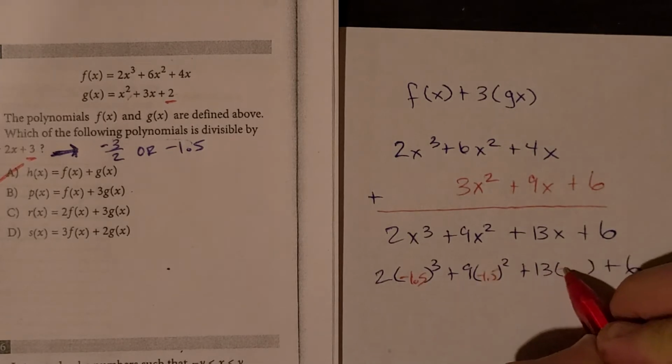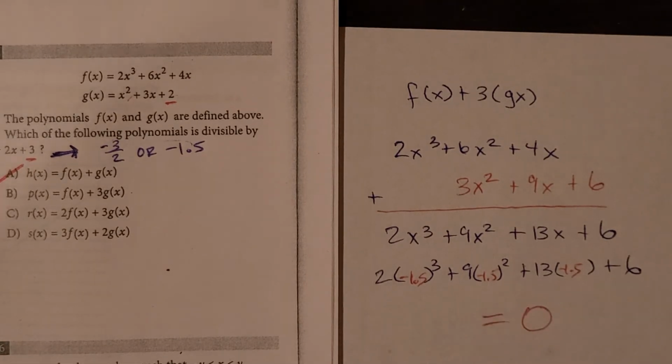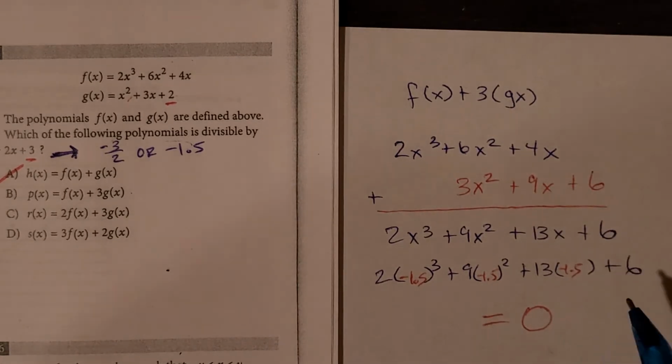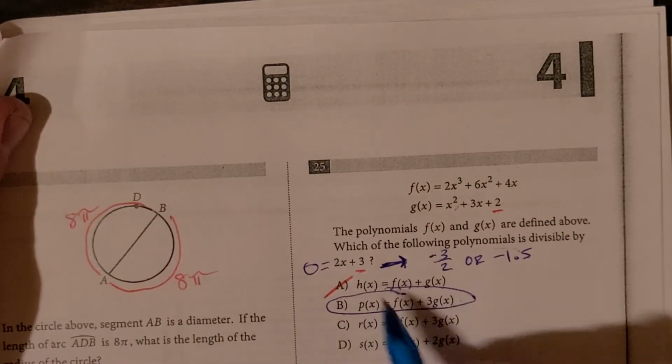Now this I would expect you to do in your calculator. Does this equal 0? If I get 0, then yes, this is one of the factors, or yes, it is divisible by 2x plus 3. If I don't get 0, it means it's not a factor. Punch this into your calculator, you realize, yes, you do in fact get 0, so the correct answer is B.